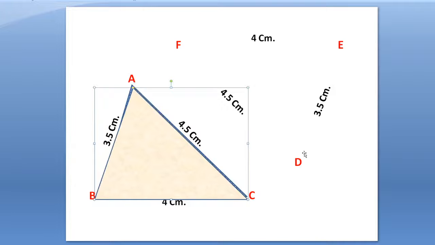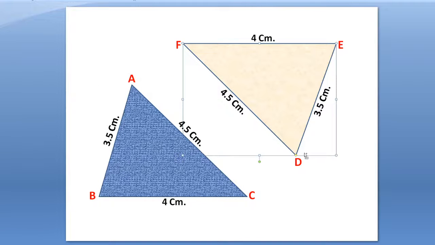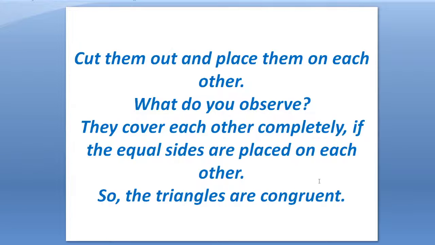So see, these both triangles are congruent. Now cut them out and place them on each other, and what do you observe? They cover each other completely if the equal sides are placed on each equal side.